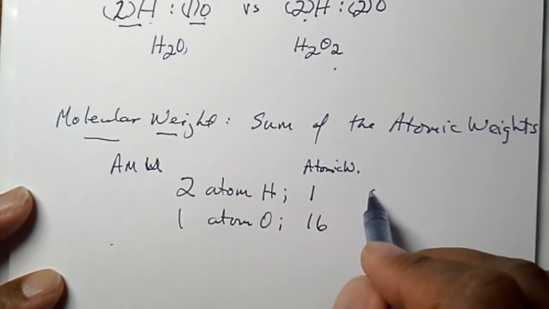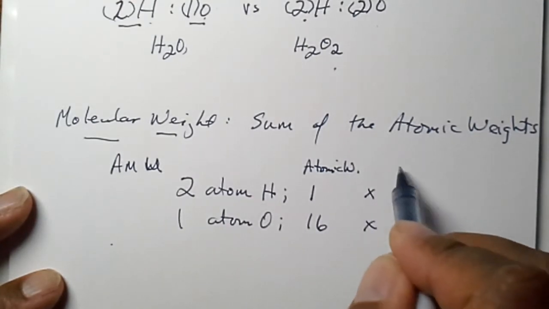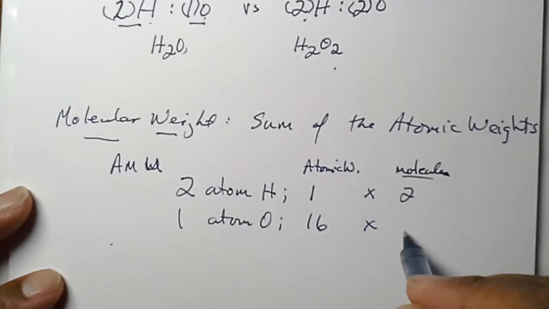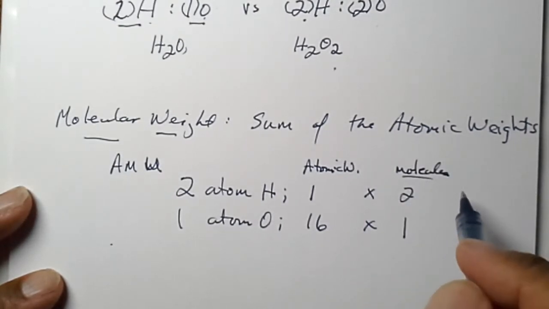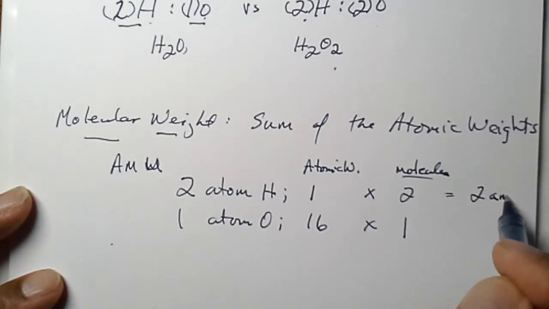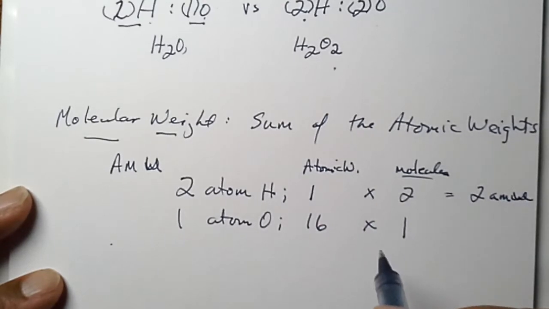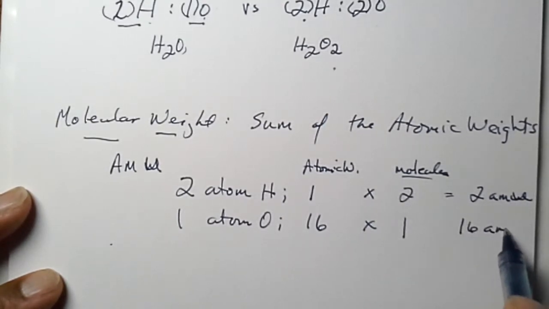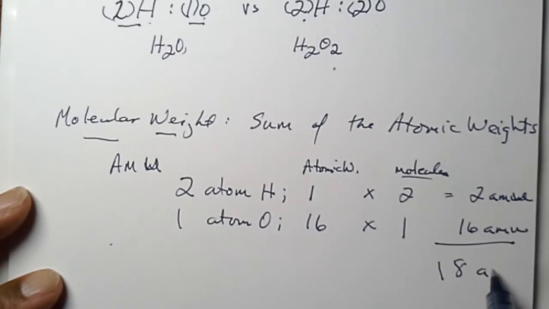Now we know we have 2 atoms of hydrogen and 1 atom of oxygen. So that gives us 2 atomic mass units, u, of hydrogen and 16 atomic mass units of oxygen, for a total of 18 atomic mass units. And that is the molecular weight of water.